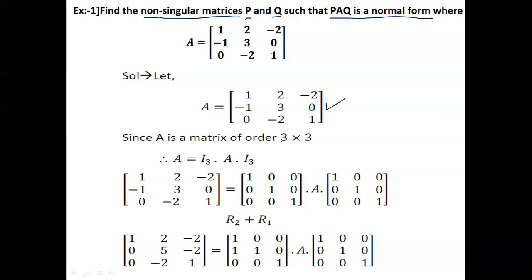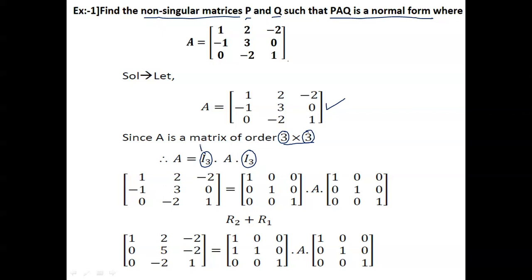Since A is a matrix of order 3 by 3, the number of rows is 3 and the number of columns is also 3. So the matrix A can be written as I3, the identity matrix of order 3 for the rows, times A, times the identity matrix of order 3 for the columns.